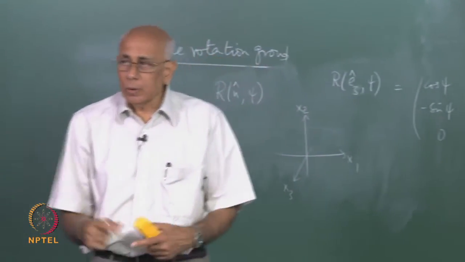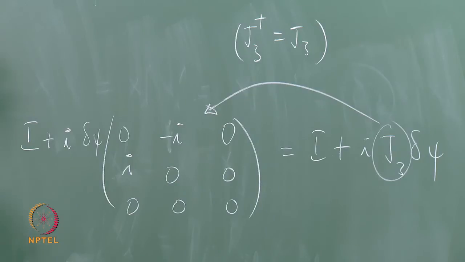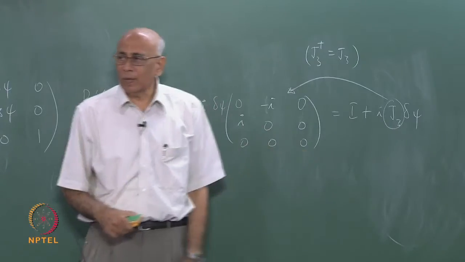Now, what we need to ensure, I got to go back and check this out a little bit and you will see where the trick is. We need to ensure that a repeated action of this indeed leads to this finite rotation.